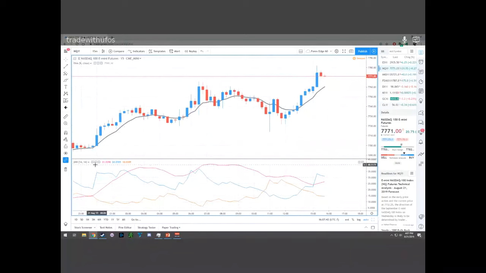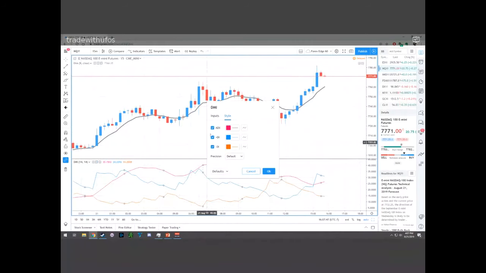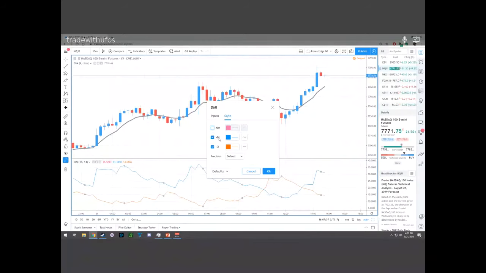And now we want to change the settings for our DMI. So for the DMI, we do want to change the style by removing first the ADX. We don't need that. And then plus DI means directional movement on the upside, and we want to keep that in. And same for the minus DI, which is directional movement on the downside.